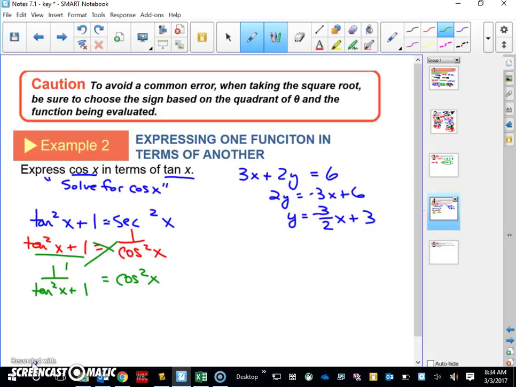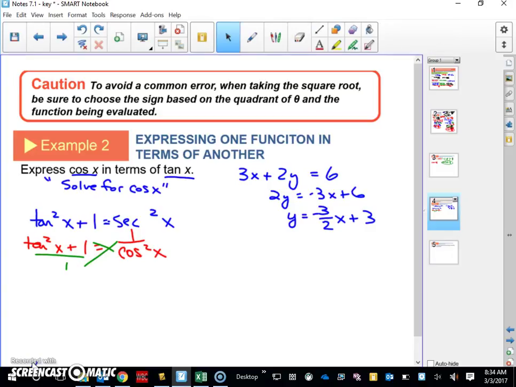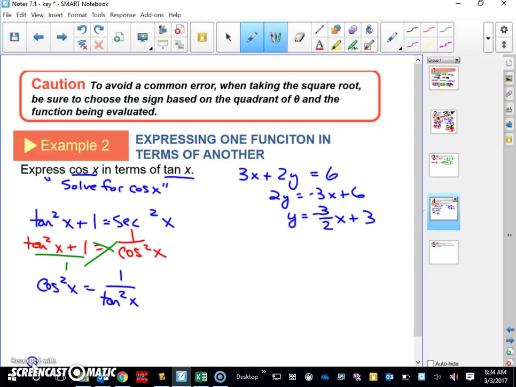If I cross multiply, I'm trying to get the cosine squared x on the top. So you can think about cross multiplication, or you can think about flipping. We got cosine squared x equals 1 over tangent squared x plus 1. At this point, we're almost there.